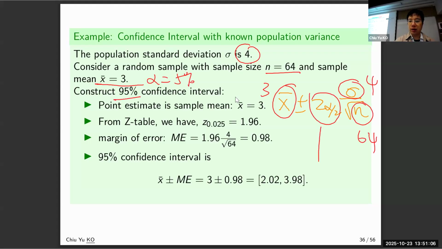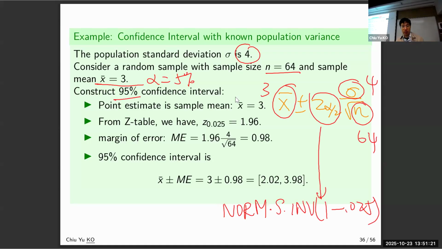So remember it's NORM.S.INV of 1 minus 0.05 over 2, so 0.975 is the argument. So that is the formula that we have already. So you plug in all the numbers and you can get it. So you would tell people that your best guess is 3, and with 95% confidence, you will be between 2 and 4. So that would be something you would say.